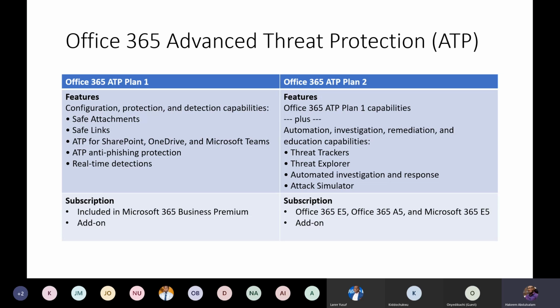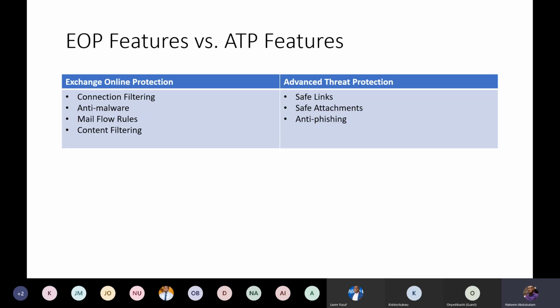So moving into the features of Advanced Threat Protection. Before I go further, I would like us to compare the Exchange Online Protection features and Advanced Threat Protection features. Like I said, before any email comes in or leaves the Office 365 tenant, it goes through EOP, starting from connection filtering, checking the IP, whether it is from a legitimate source or has not been blocked.